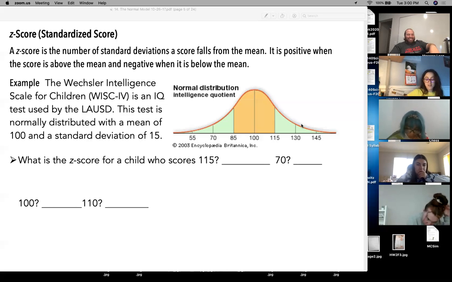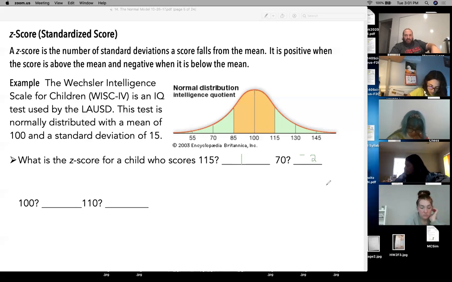How many standard deviations are you above the mean? Is it 1? You are 1 standard deviation above the mean. And if you scored a 70, what is your z-score? -2, because you are 2 standard deviations below the mean.